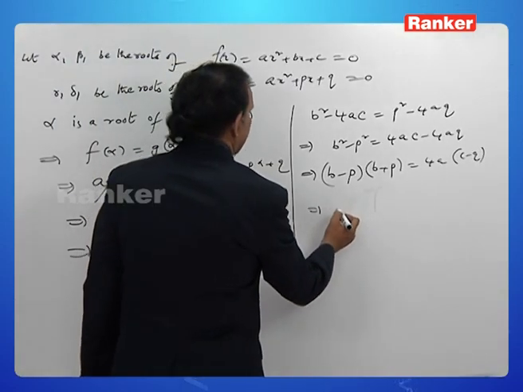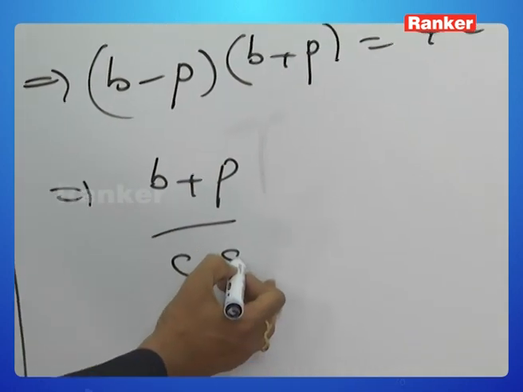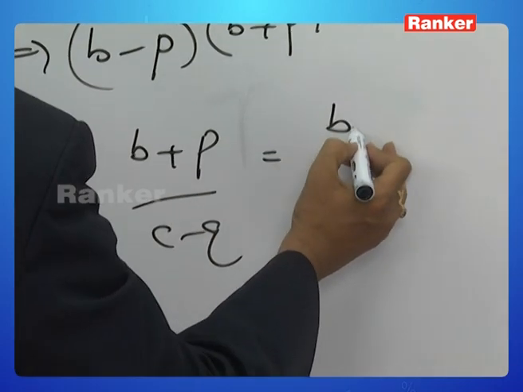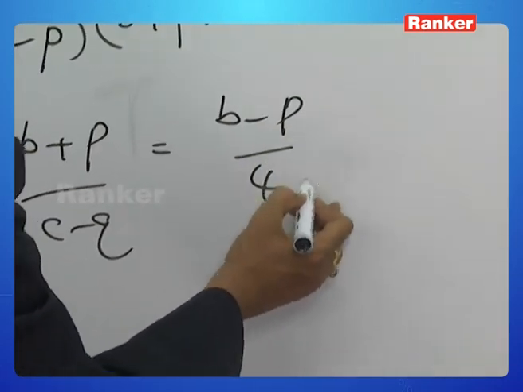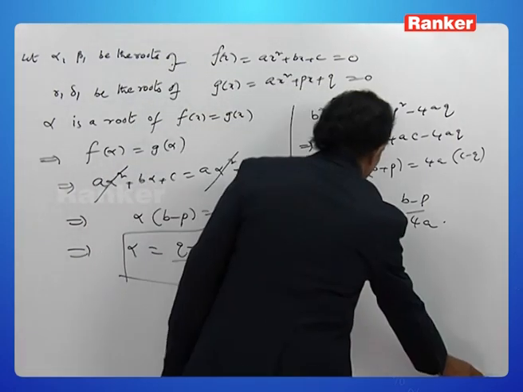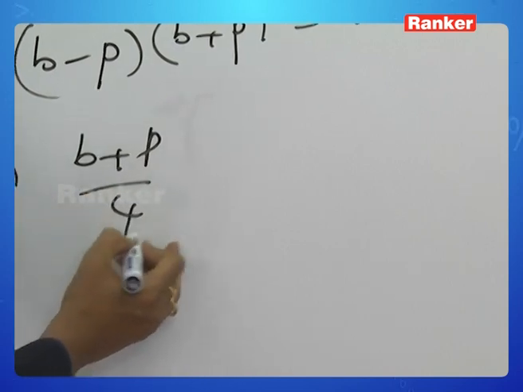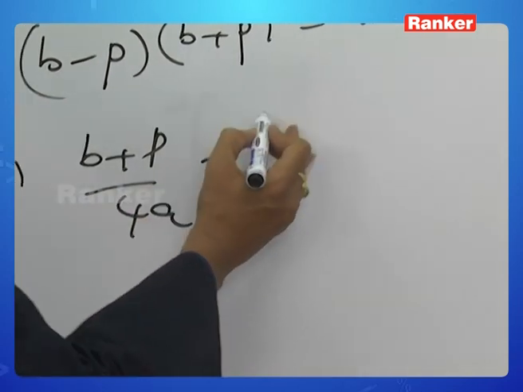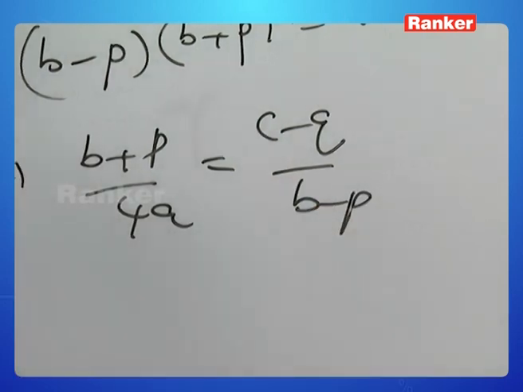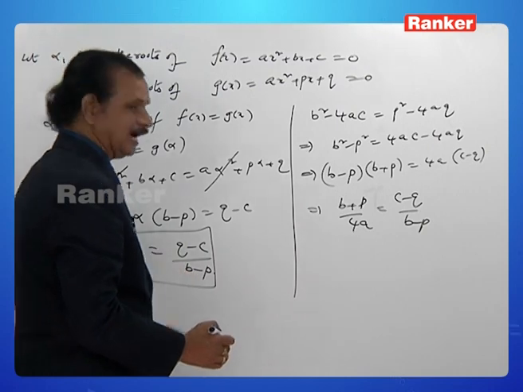This implies b plus p by c minus q is equal to b minus p by 4a, or b plus p by 4a is equal to c minus q by b minus p. But we have q minus c by b minus p is alpha.